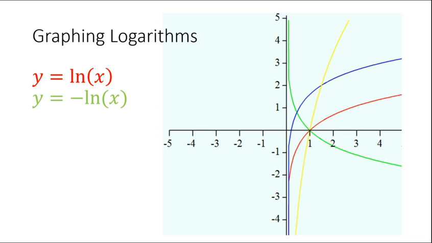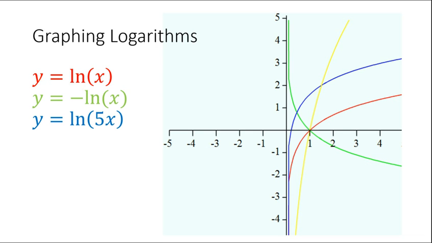The graph of negative logarithm of x is the same graph, just rotated across the x-axis. So if you think about there being a mirror at the x-axis, the green line is the rotation of that red line about the x-axis.